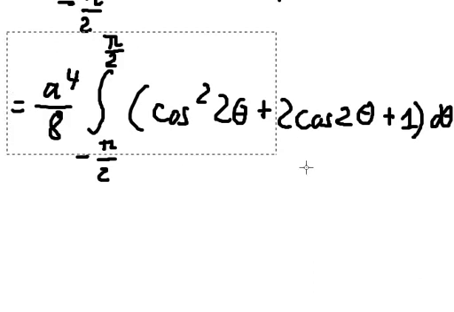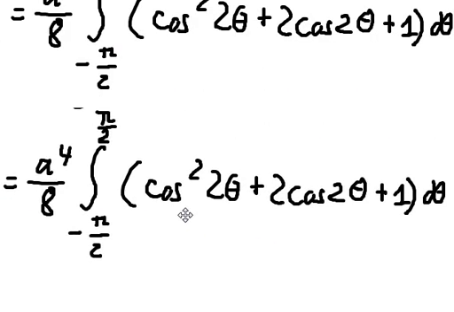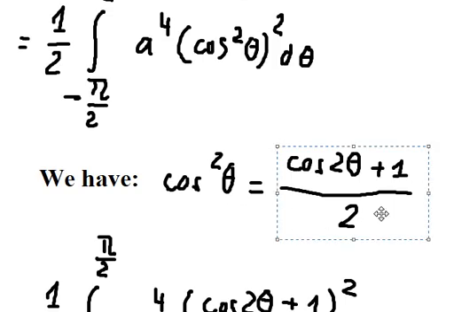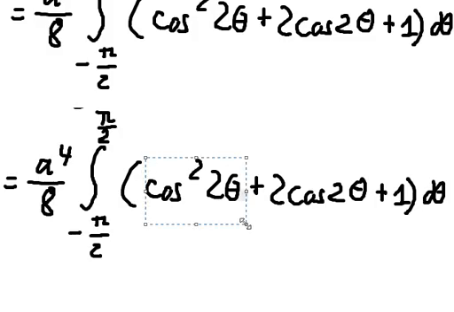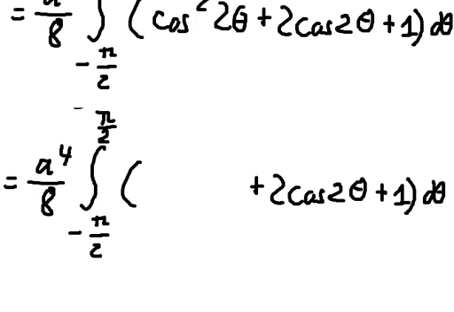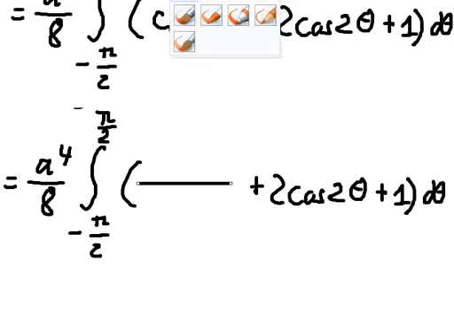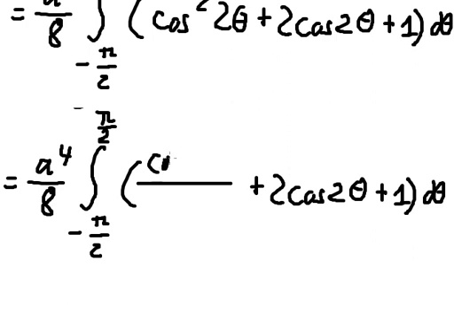Next, about this one, we change by this one, and we have cosine 4 theta plus 1 over 2.